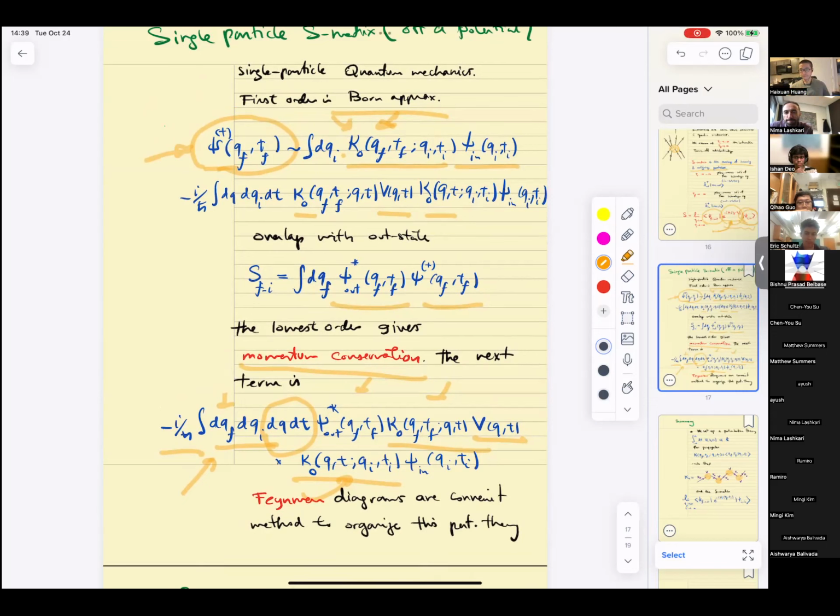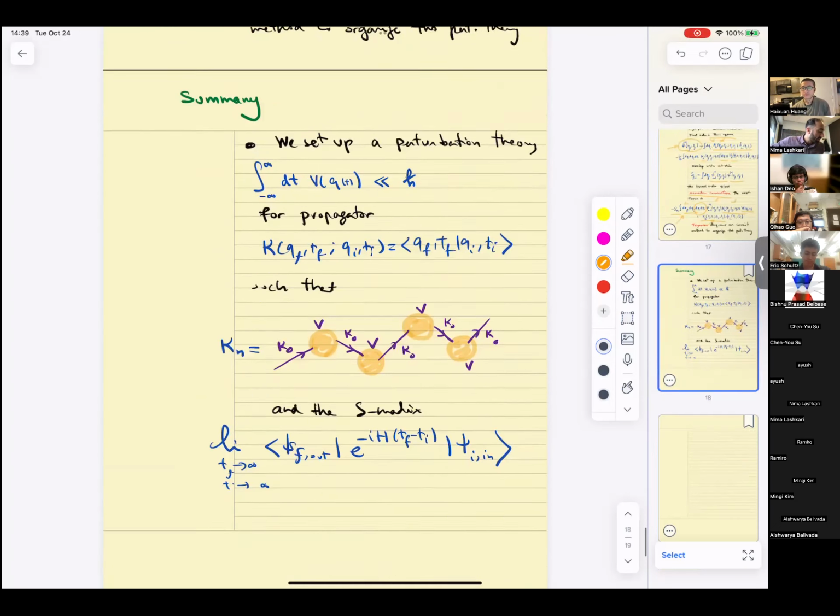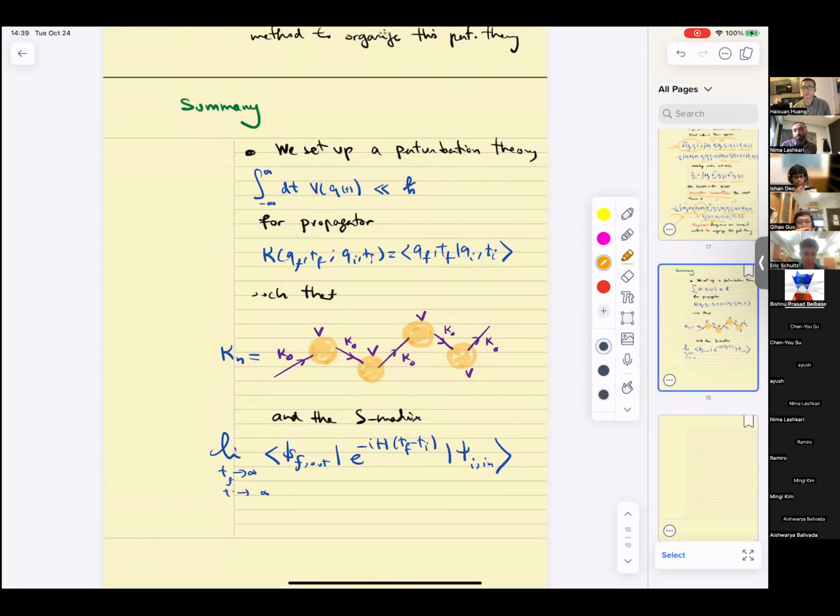Okay, if there are no questions, let me just summarize and repeat the key parts. Today, we set up a perturbation theory. And for the propagator, I want to repeat the formal regime we worked in.